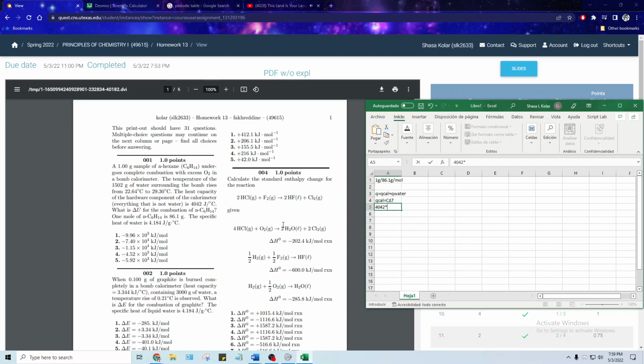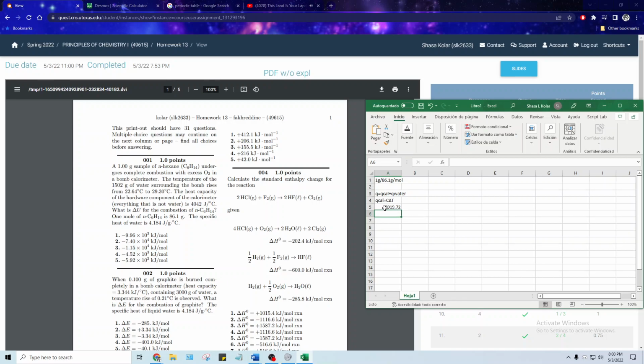So all we're going to do is multiply this by 29.3 minus 22.64, and we get in joules the heat that our bomb calorimeter received, or how much energy it received from the combustion.